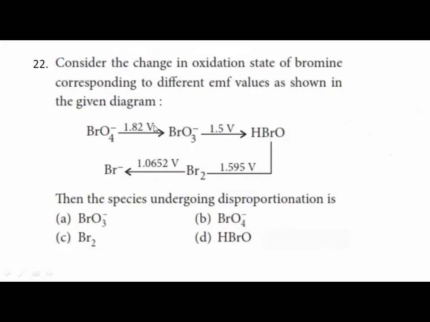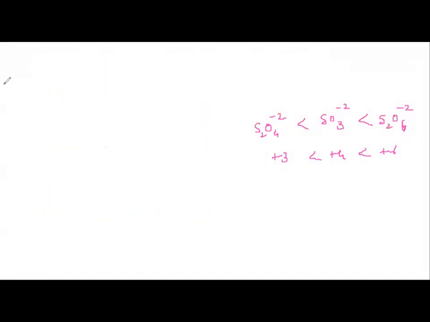Fine. Next question. Consider the change in oxidation state of bromine corresponding to different EMF values, electromotive force values, as shown in the given diagram. Then the species undergoing disproportionation. Okay, we will work this out.